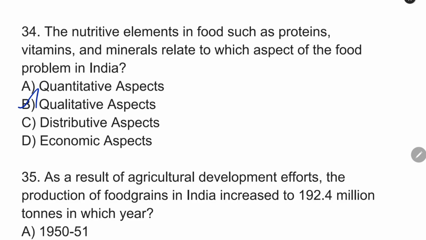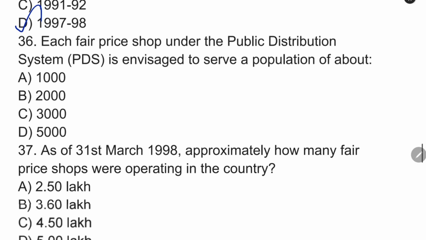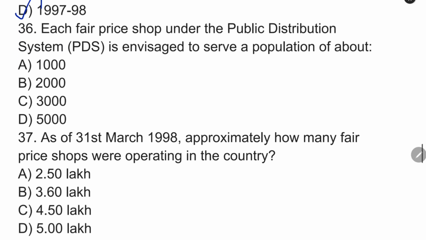Qualitative aspects. As a result of agricultural development efforts, the production of food crops in India increased to 192.4 million tons in which year? 1997 to 1998.